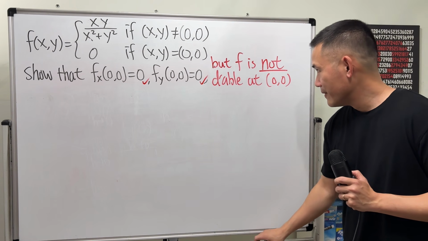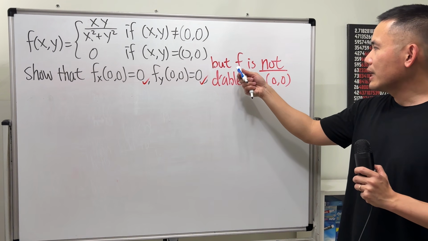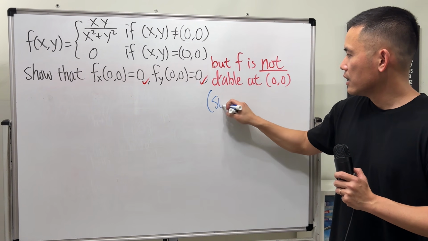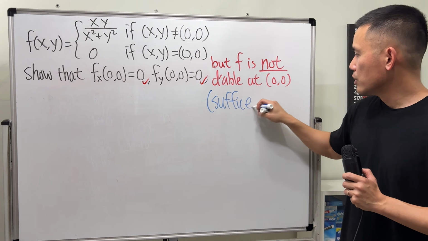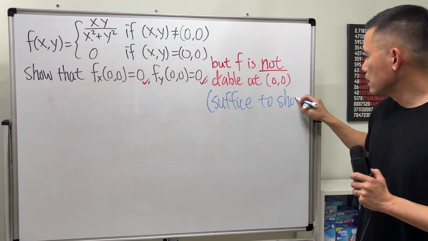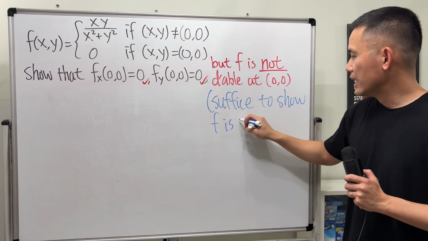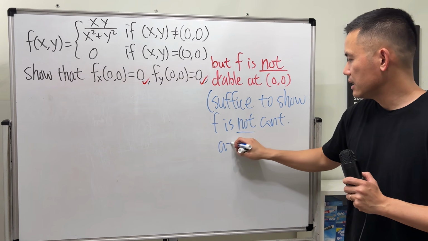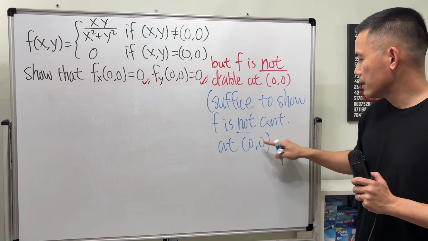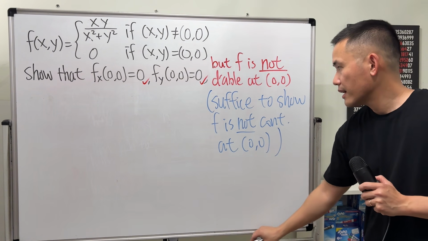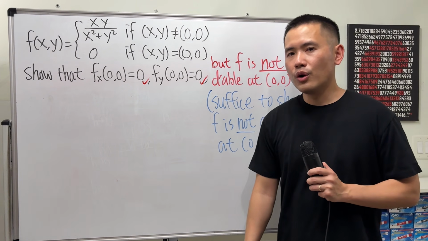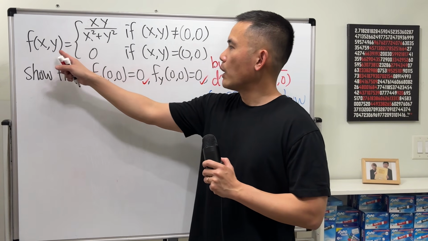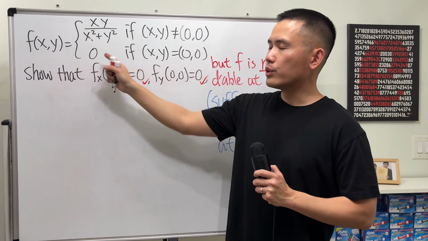That's the idea. So to show that f is not differentiable at 0, it suffices to show f is not continuous at the origin. So how do we show a function is not continuous? Well, the value of the function at the origin is equal to 0.